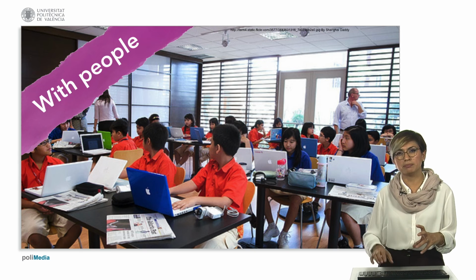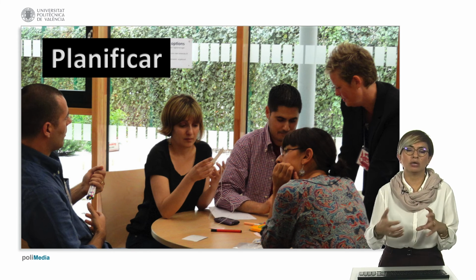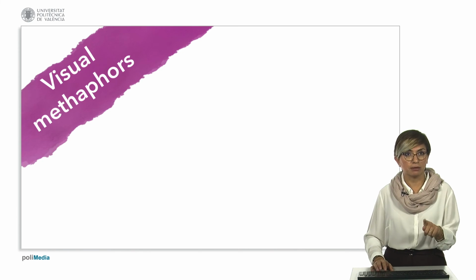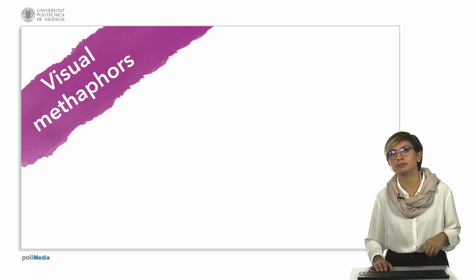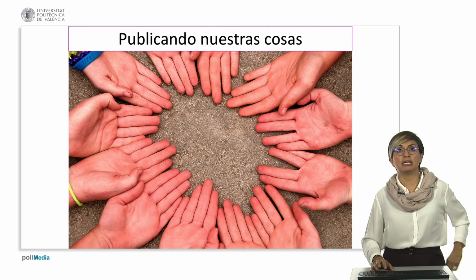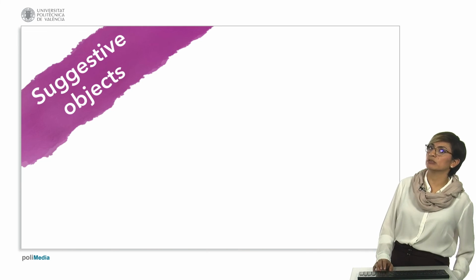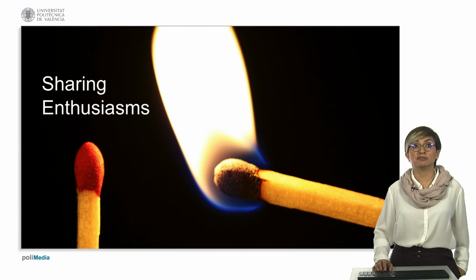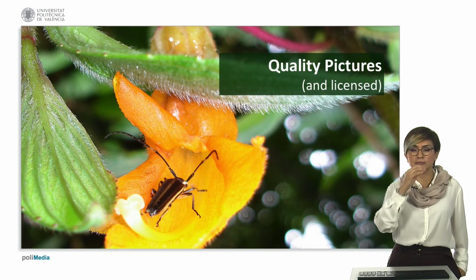Pictures with people work better than the others. People that are doing things, real people, not too beautiful people, handsome guys. Try to use real people and use visual metaphors or suggestive objects, sharing enthusiasm.